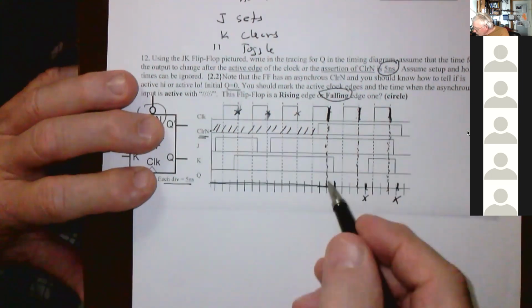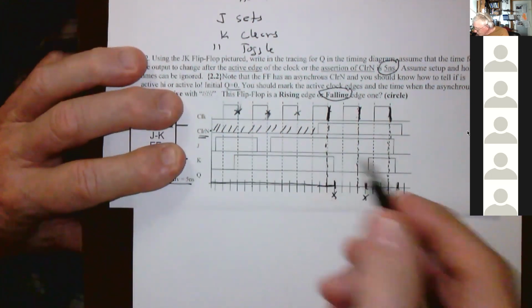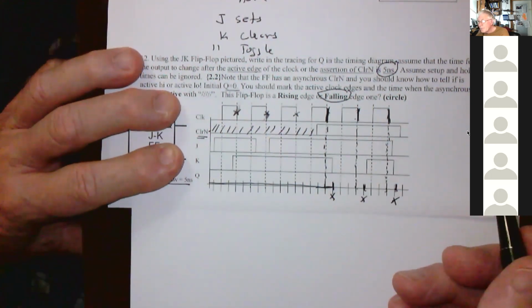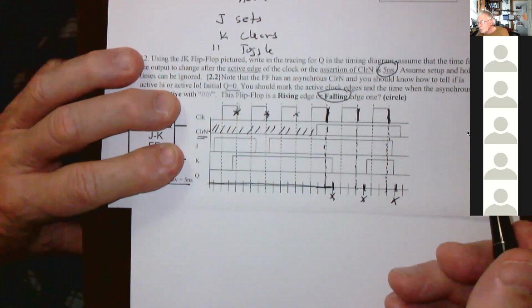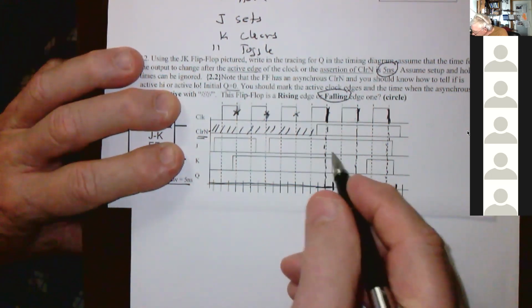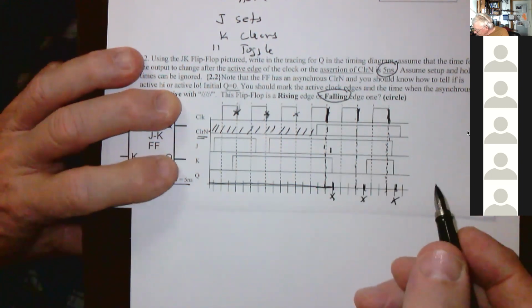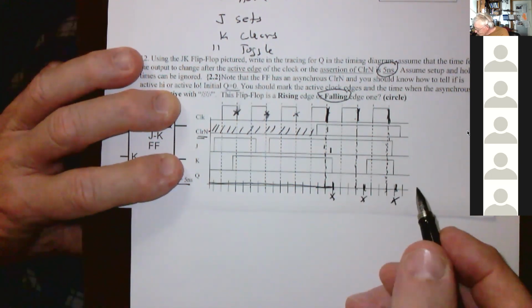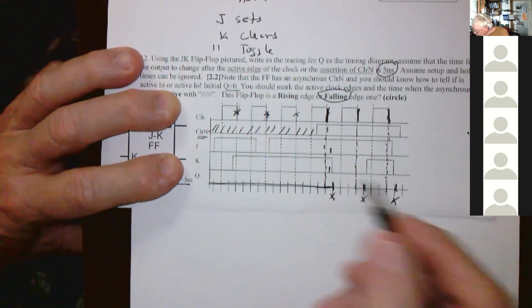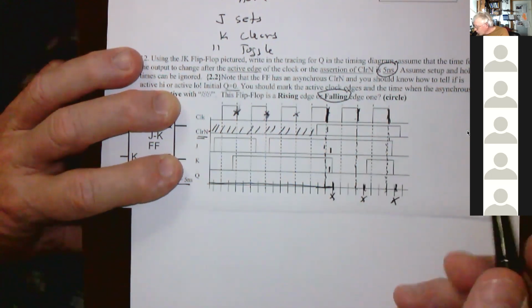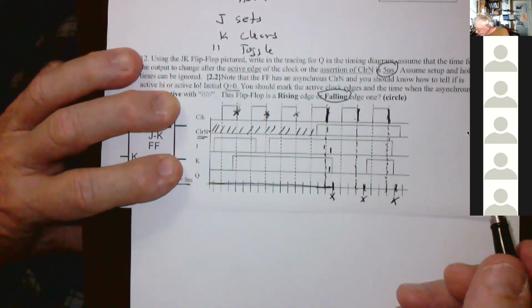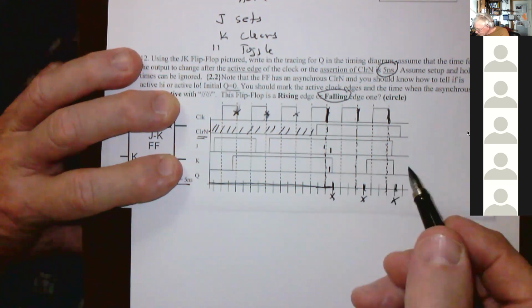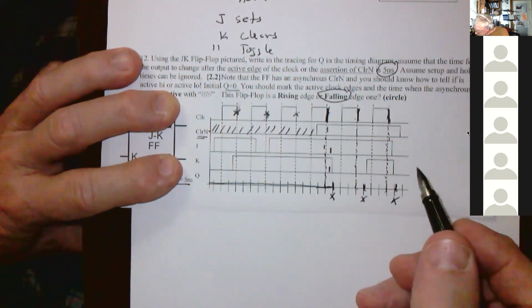Okay, at this active edge, what is J? 1. J is 1. And what is K? 1. All right. At this active edge, what are J and K? What is J? 1, 0.